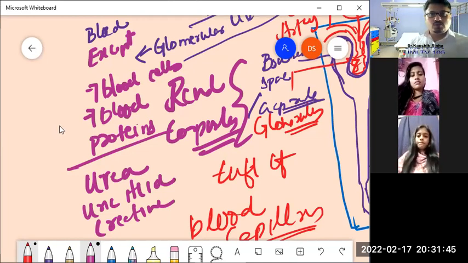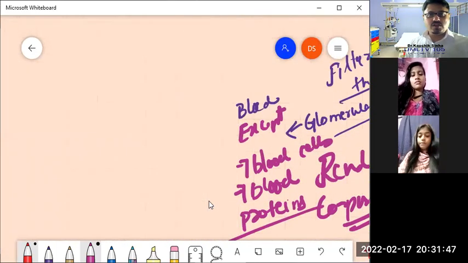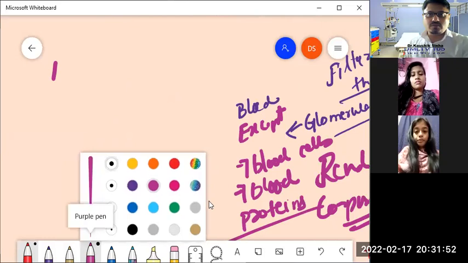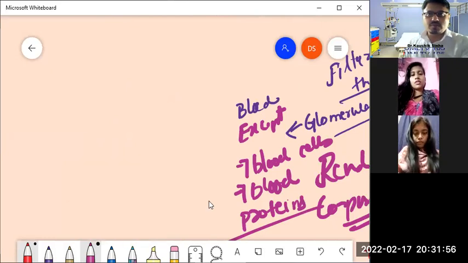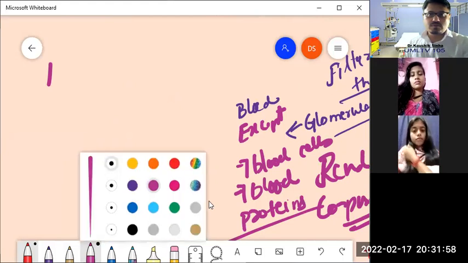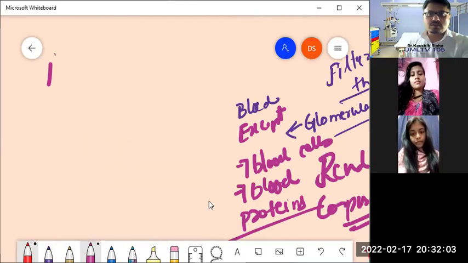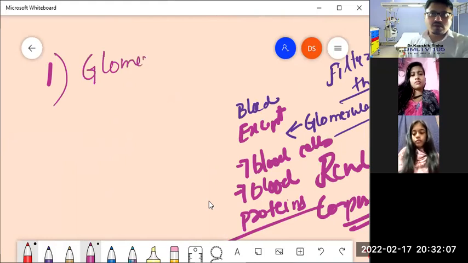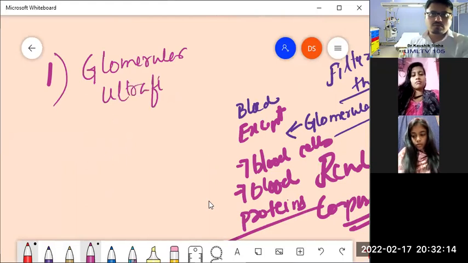Okay. So the next stage, first stage, let me put a number out here. What was the name of the first stage? The ink of this pen is very thick. Stage number 1 is known as glomerular ultrafiltration.